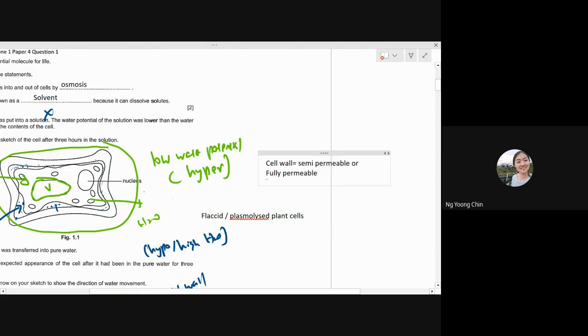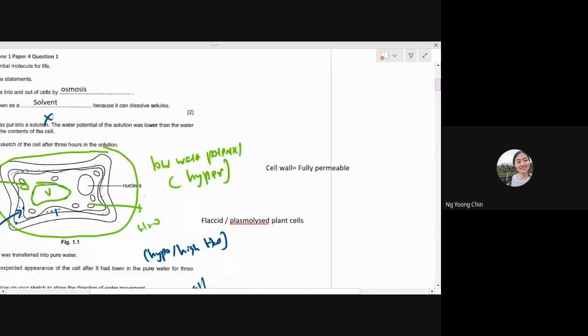Fully permeable. Yeah, correct. Very good, you know the answer. But the cell membrane is not like the cell wall. The cell membrane is semi-permeable, or is called selectively permeable.